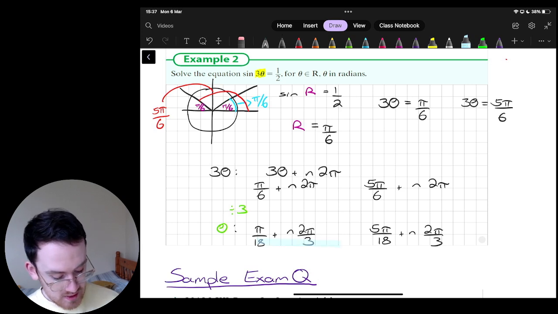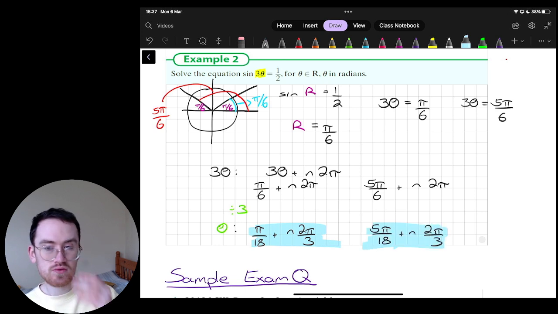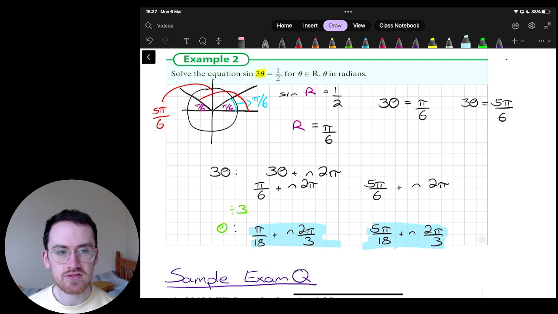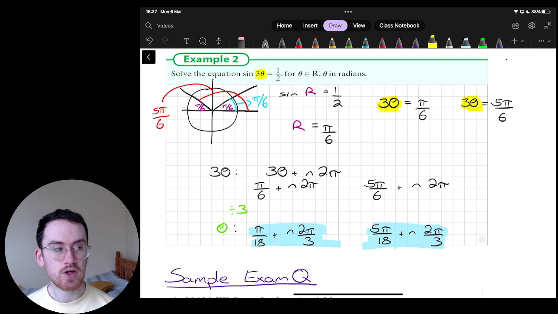You can see the difference between this one and the last one is that last step. So let's go back over that really quickly. Why did I have to divide by 3? Well, the question I was solving for was 3 theta. We have already seen that the solutions I end up with, pi over 6 and 5 pi over 6, are solutions for 3 theta. So the solutions for theta are 3 times less than that.